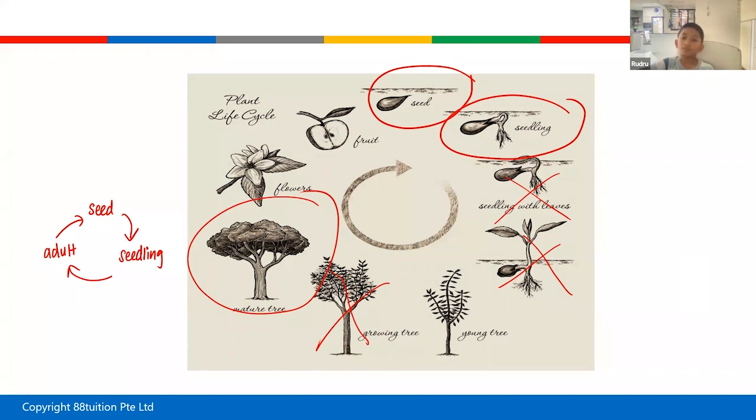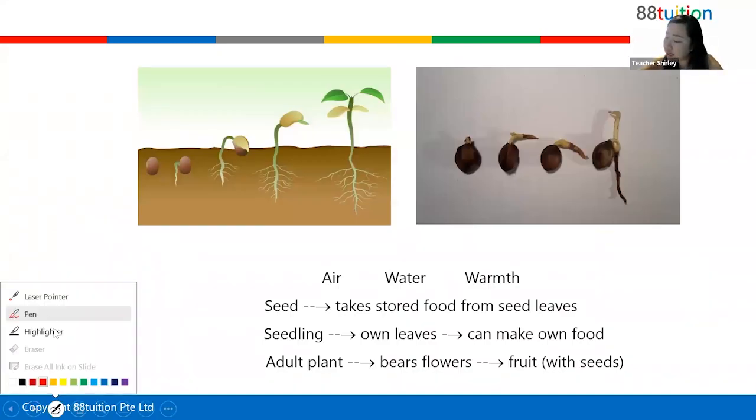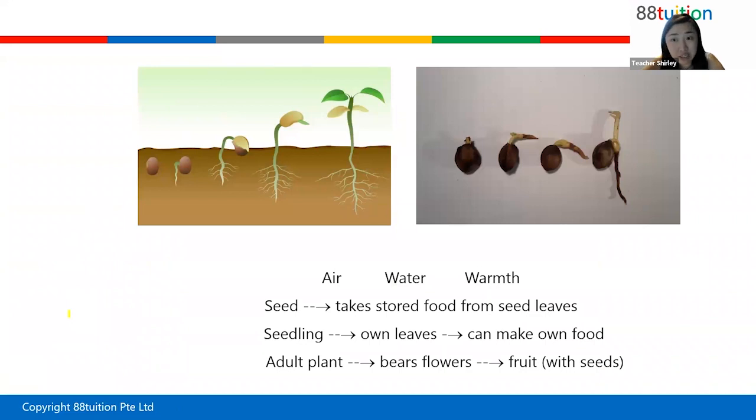Okay, so now we are going to summarize it. The 3 things that are needed for the seedling to grow. Have you eaten sunflower seeds before? I've eaten watermelon seeds. Oh, watermelon seeds, yeah. You know that if we were to grow the seed, it might turn into a plant. But if we eat it, of course, it's digested already, right?